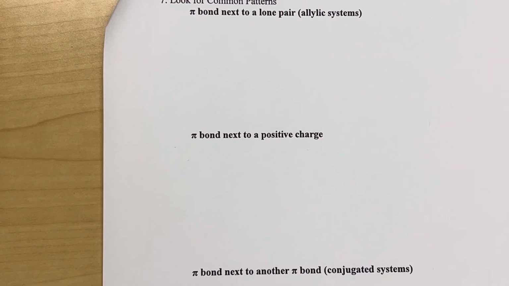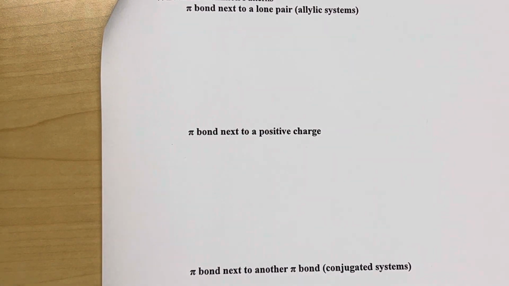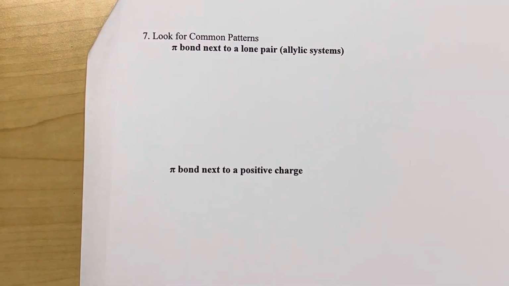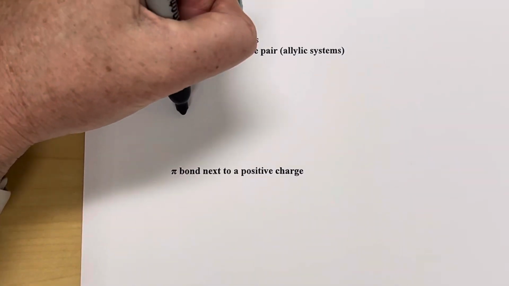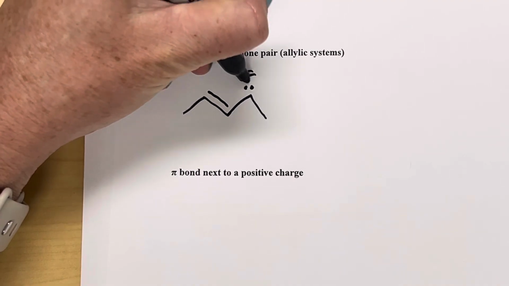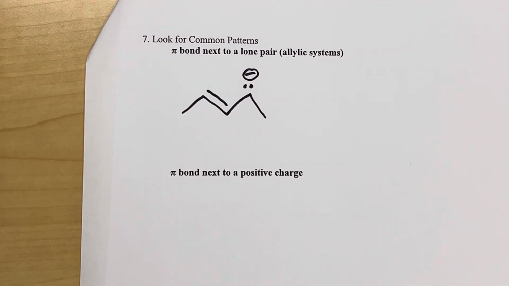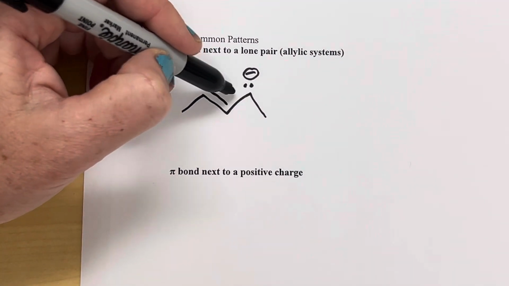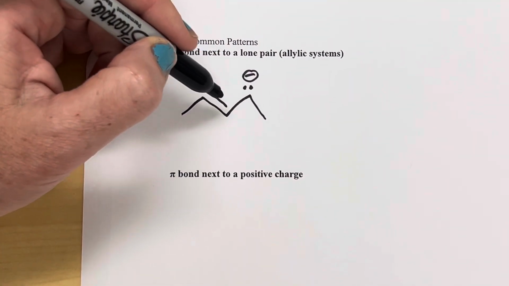Okay, let's look for some common patterns that you're going to see so you can get used to knowing what's going to happen where. If you look for an allylic system, where you've got a pi bond next to a lone pair, like this, anytime you see something like this, you're going to know that things can move, because you have electrons here and electrons here that can all move toward each other, away from each other.